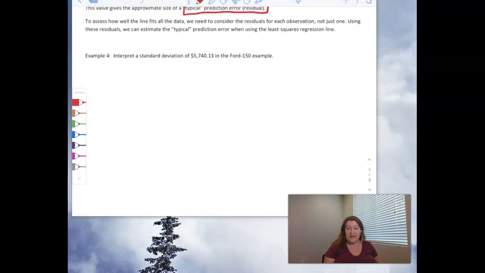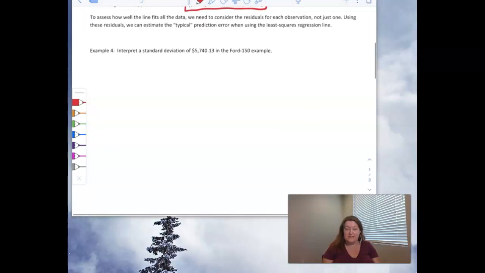So into our next part. Let's take a look at what it means if they ask us to interpret a standard deviation of $5,740.13 for that same truck or car example where it was mileage versus price.